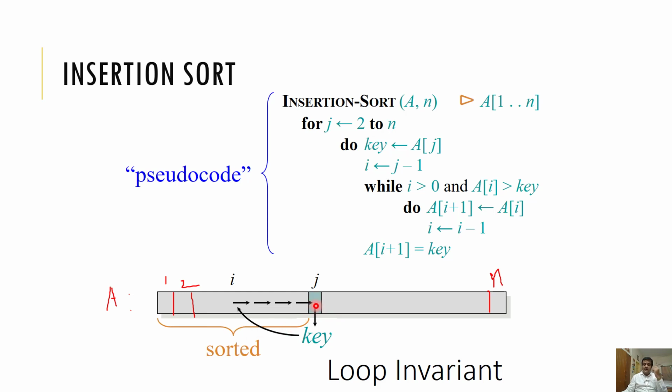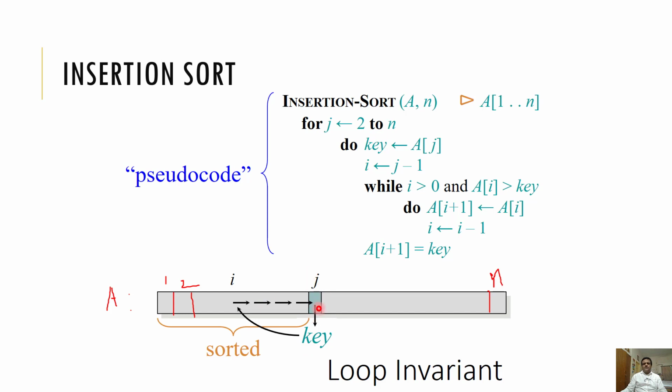Now, we want to find the position where the element aj should be inserted. Why are we starting from j equal to 2? Because if we start with j equal to 2, then before that we have only one number, a1, and one number is already sorted. That is why we can start with j equal to 2 to n instead of 1 to n.